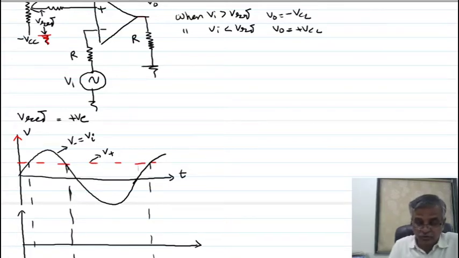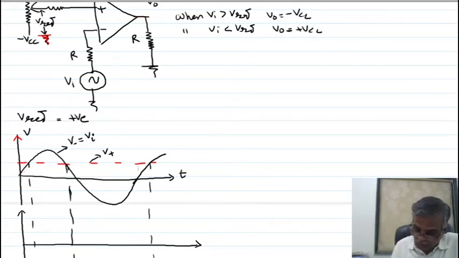Now look here. This is your input signal. Here the input signal is less than V positive terminal, means V non-inverting. Input signal you have given to the inverting terminal. So here during this time my output is positive.